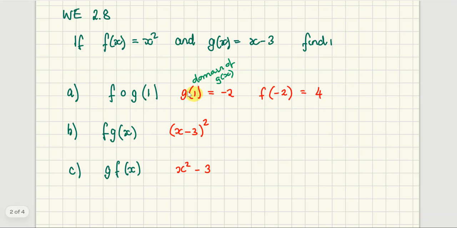This number is what? The range of g of x. Part of the range. Now, what we're saying then is that the range of g of x becomes the domain of f of x.